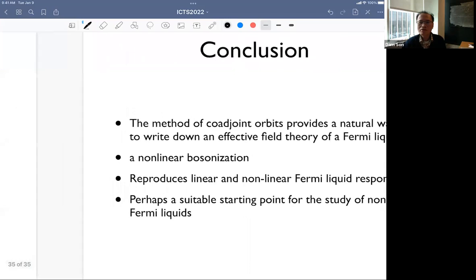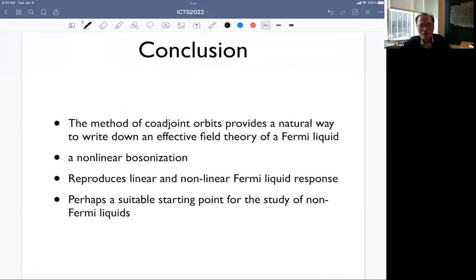Okay, so let me conclude. The method of coadjoint orbit provides a natural way to write down an effective theory of Fermi liquids. It leads to a non-linear action, a non-linear bosonization of the Fermi liquid.